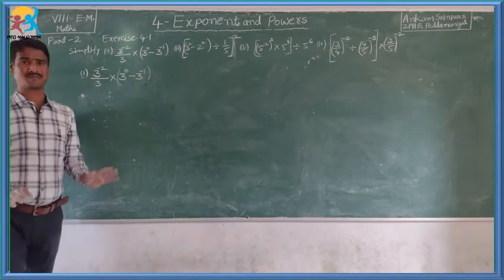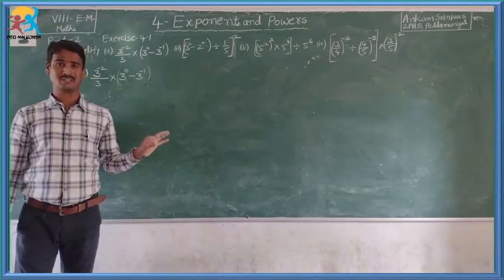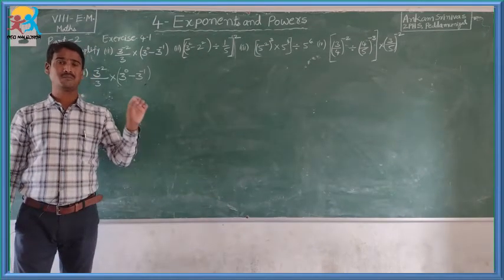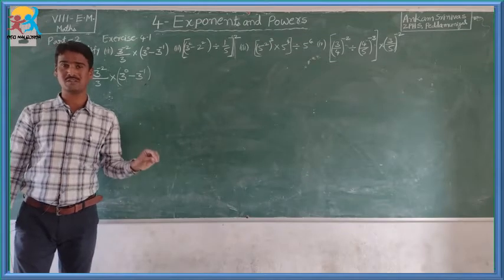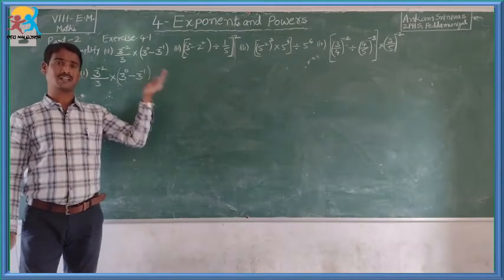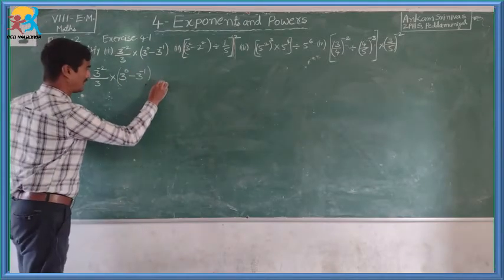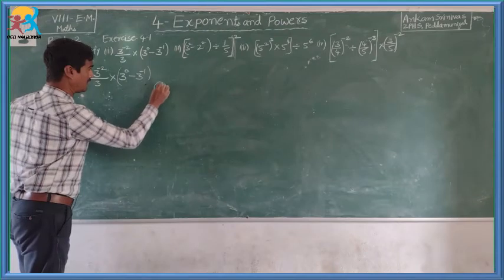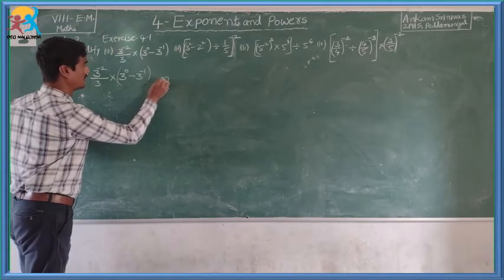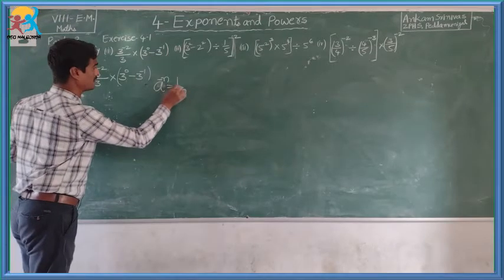Dear children, when the exponent is negative, we have to convert it into positive by writing the power as the reciprocal. So the formula is a power minus n equal to 1 by a power n.